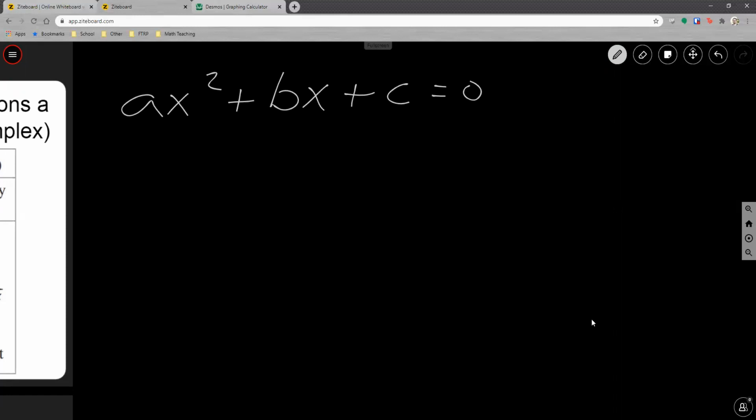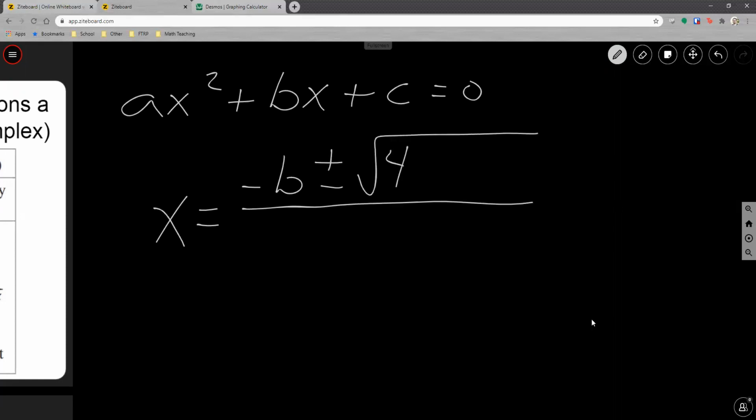We did a bunch of work and we found that x is equal to the following. x is equal to negative b plus or minus the square root of b squared minus 4ac all over 2a.